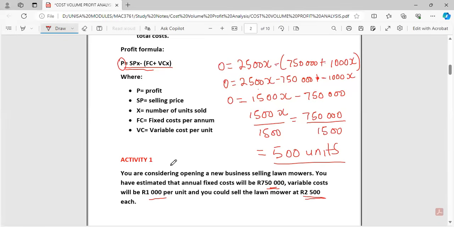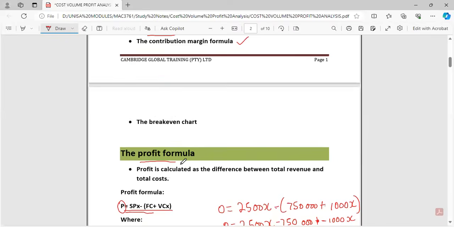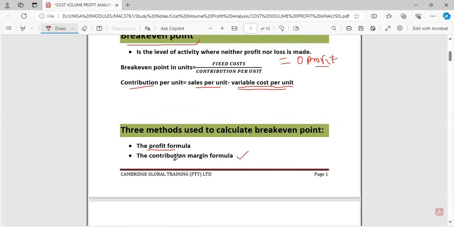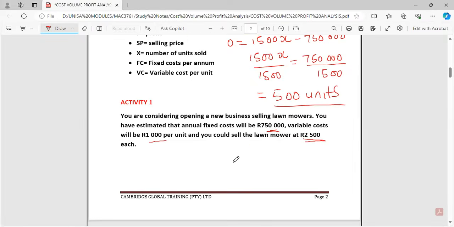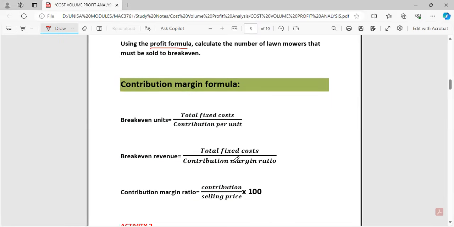That's the profit formula. So if the question requires you to use the profit formula, I would advise you to memorize this formula so that you will be able to use it. But in our third year, most of our questions require us to use the contribution margin formula. There's a bit long question at the end that we are going to do together, right?